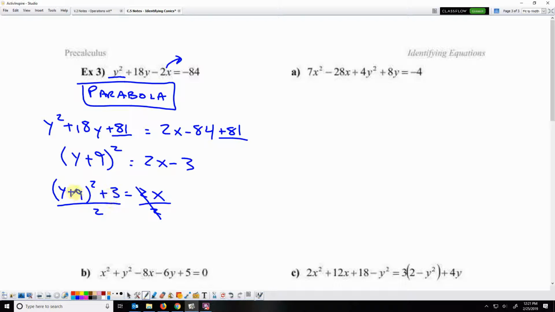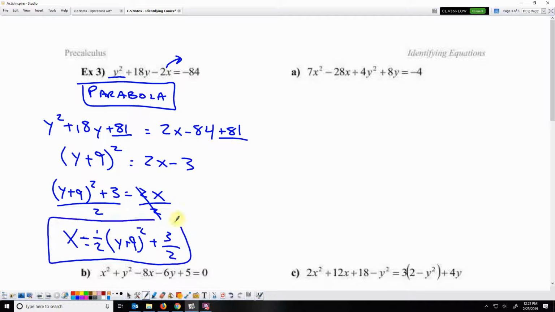And I'm going to divide both terms, so this is one term and this is one term, by 2. I'm actually going to put the x in front. When I divide this term by 2, that's the same as multiplying it by 1/2. And 3 divided by 2 is 3/2. So there's my standard form for that parabola.